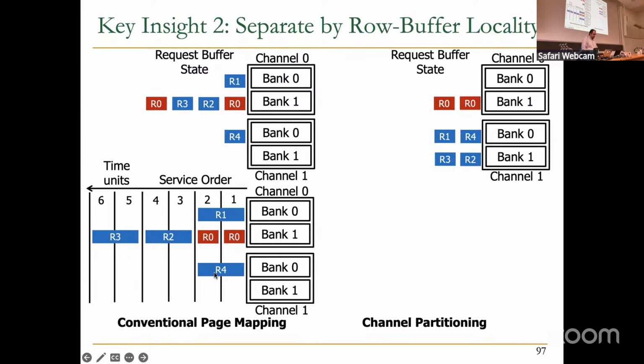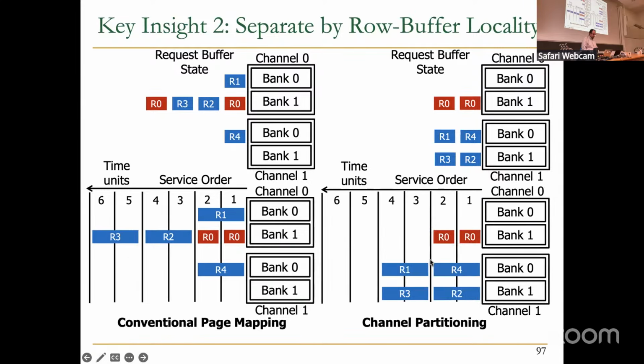So this is a conventional page mapping, but if you do some channel partitioning, you can nicely handle requests for the red application in one channel, and then the blue application in another channel. So the idea here is that if we keep scheduling the blue application on the same bank, like using conventional page mapping, then the problem is that by accessing row 2, for example, you precharge the row and you activate another row.